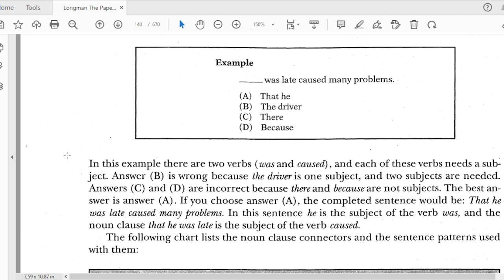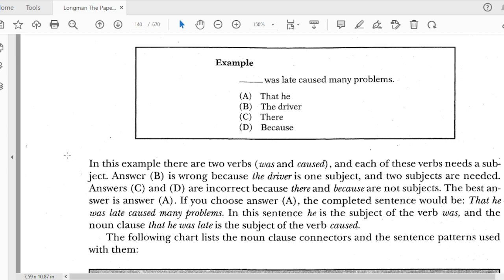Answer C and D are incorrect because there and because are not subjects. The best answer is A. If you choose answer A, the complete sentence would be: that he was late caused many problems. In this sentence, he is the subject of the verb was, and the noun clause that he was late is the subject of the verb caused.